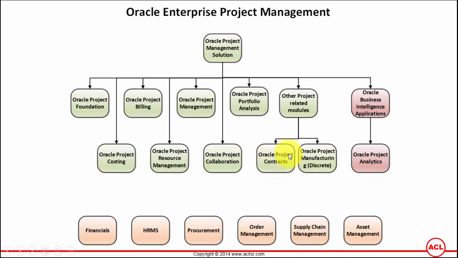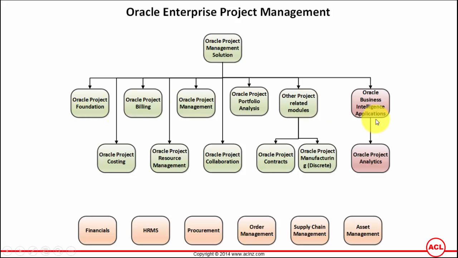And Oracle Project Contracts also works in coordination with Oracle Project Manufacturing. It needn't always work with Oracle Project Manufacturing. Project Contracts can also work with the rest of the Oracle project modules.